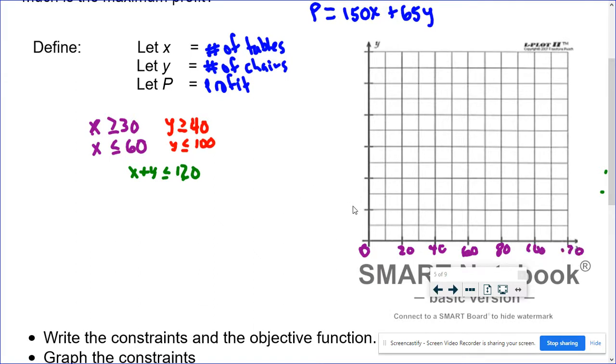The same thing going up: 20, 40, 60, 80, 100.